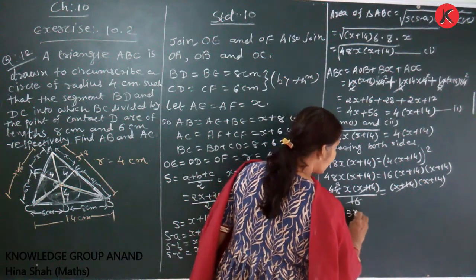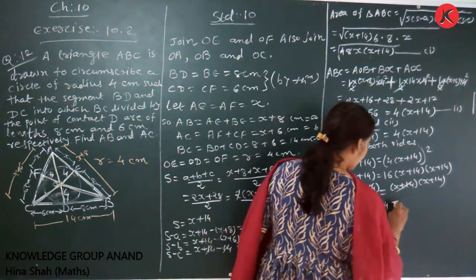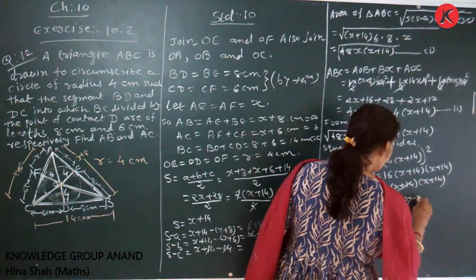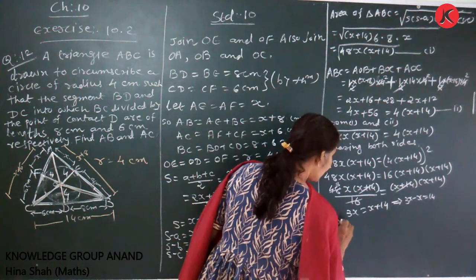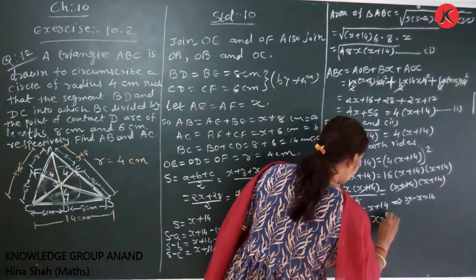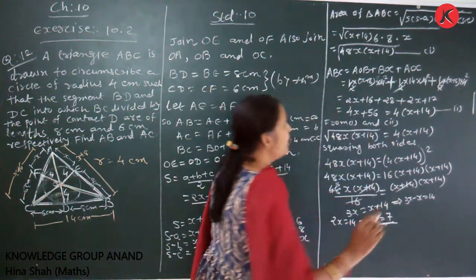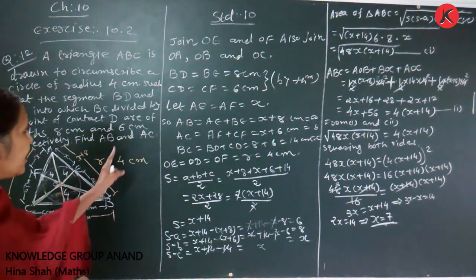Therefore 3x is equal to x plus 14. 3x minus x is equal to 14. 2x is equal to 14. So x is equal to 7. We get here x is equal to 7.